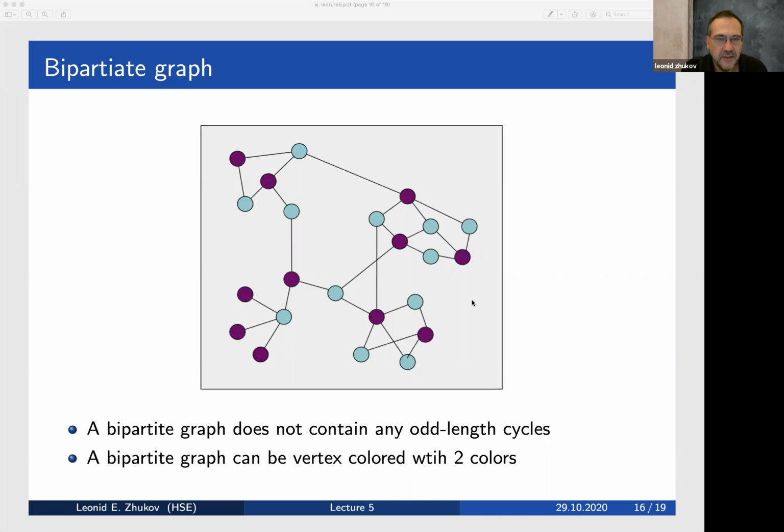And there are a bunch of mathematical properties. For example, it can be vertex colored with two colors, which means you can have this alternating coloring, which makes it bipartite. Because of that, it does not contain any odd length cycles. So any cycle that this network can contain can only be of even length.